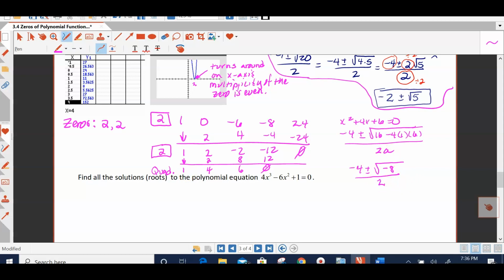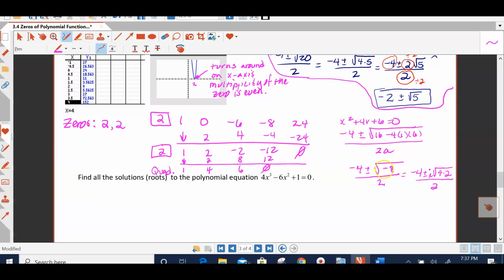Here's one of those where we need to reduce that radical like we did above, because 8 can be broken down. What does the negative under that radical tell you? You're going to have an imaginary number. So this is actually negative 4 plus or minus, and that 8 is the same thing as 4 times 2, but I'm going to put an i right there because it was a negative.